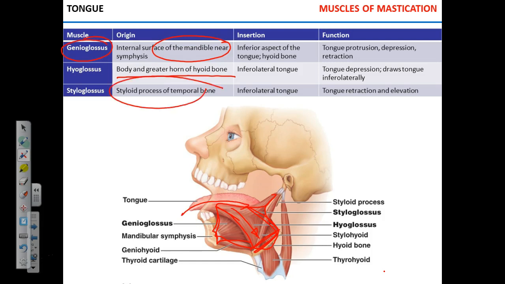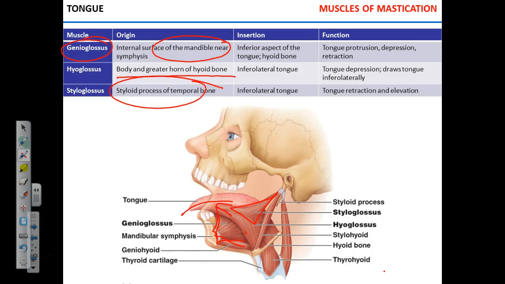And styloglossus, which is a rather small muscle. Let me raise it here. You can see styloglossus here. Styloglossus originates from the styloid process of the temporal bone. You kind of can see it on Birdie.